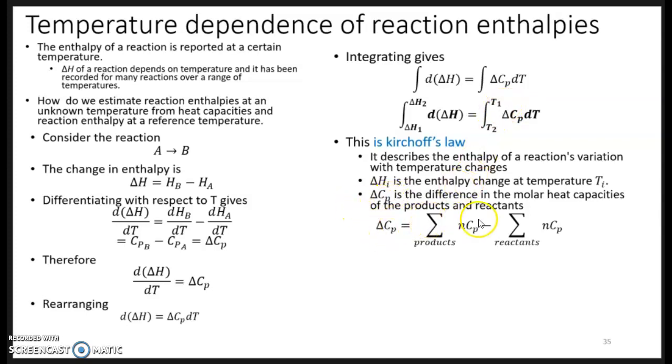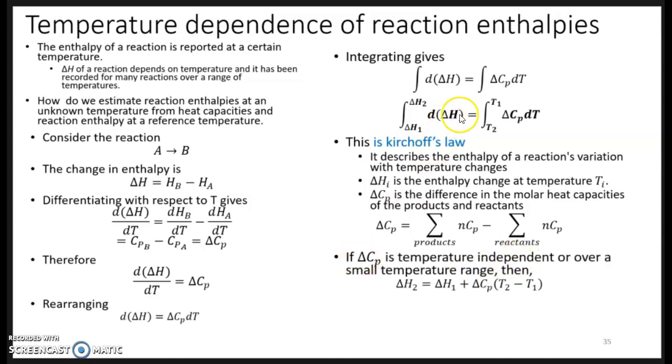And delta Cp is the difference between the molar heat capacities. Remember it's given per mole, so if it is given in other than the normal form, you have to multiply it by n: the sum of the Cp's for the products minus the sum of the Cp's for the reactants. Now if Cp is independent of temperature, which can happen when there is no phase change or if the temperature range is small, then it can come out of the integral and we simply have T2 minus T1.